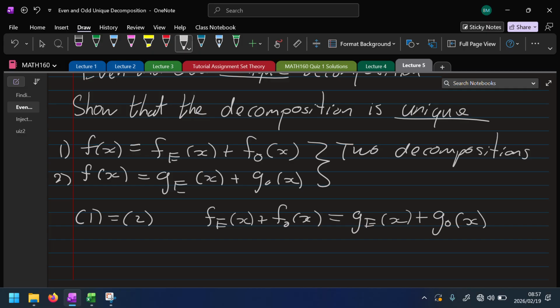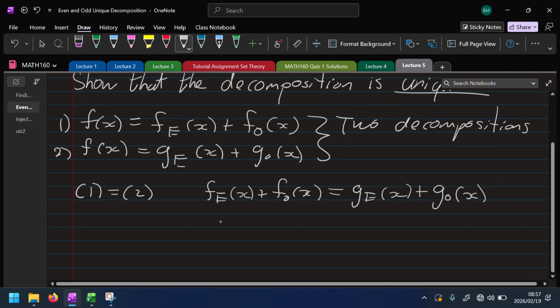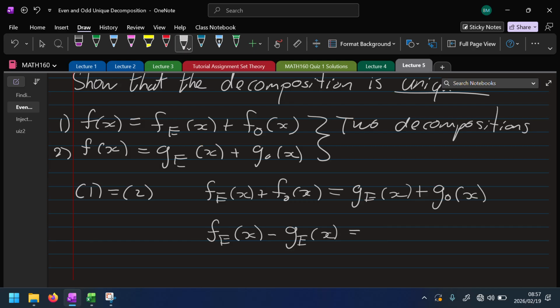So what we do, we're going to take all of the even terms to one side, and all of the odd terms to the other side. And then I said that we're going to use the definitions for even and odd.